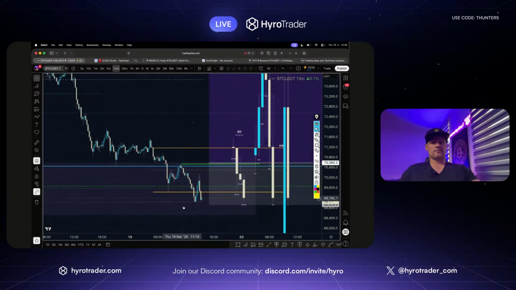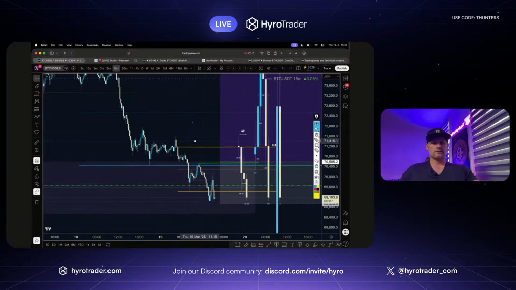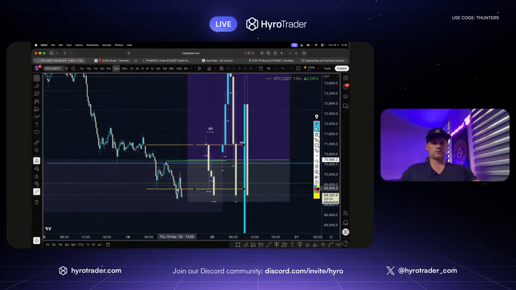And if we get an M15 close, which is actually happening kind of in here, then we could trade it already, right? But this doesn't give me much conviction at this moment.